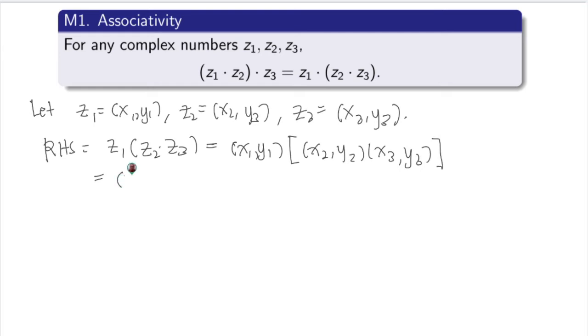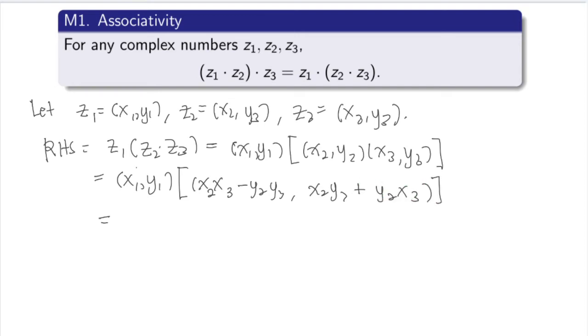So let me copy x1, y1 first, and then inside the grouping symbol, we multiply using FOIL. So that's x2, x3 minus y2, y3. Last, for the imaginary part, we have outer x2, y3 plus inner y2, x3 for the imaginary part.